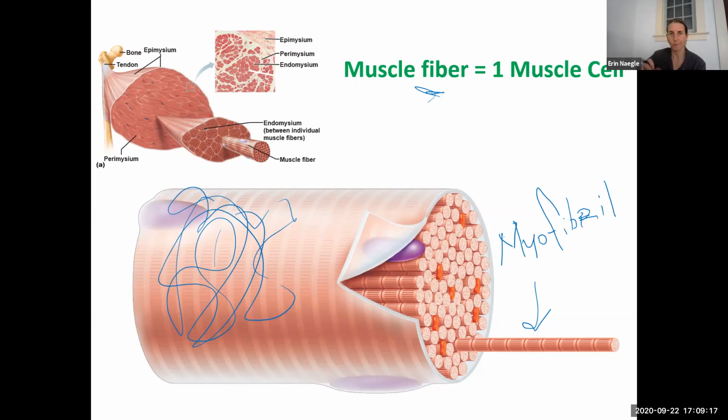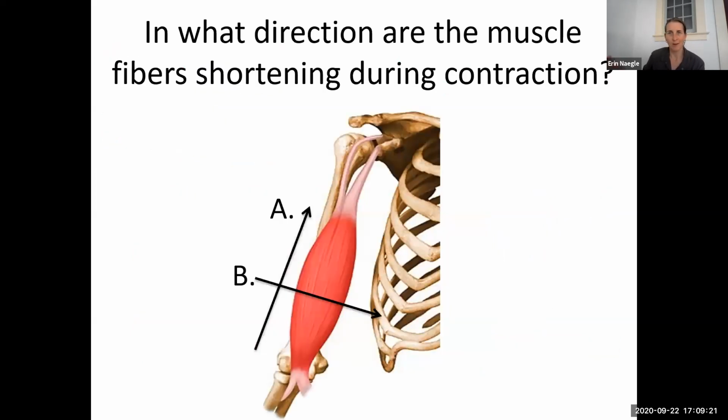Let's talk about how all these cells are oriented. So here's our fave, the biceps brachii. In what direction are the muscle fibers or these cells going to shorten during contraction? Remember that these muscle cells are long cells.